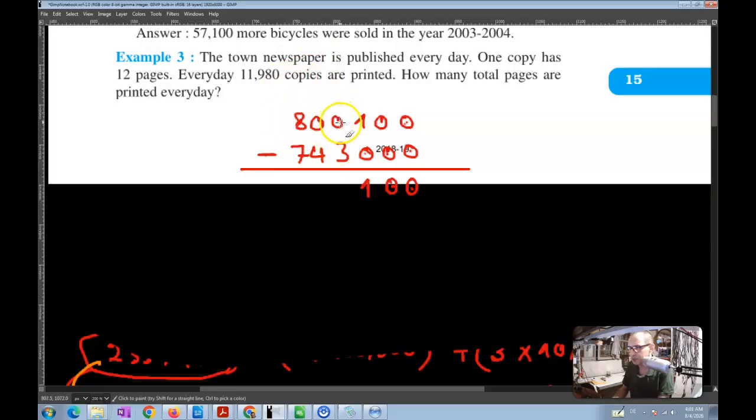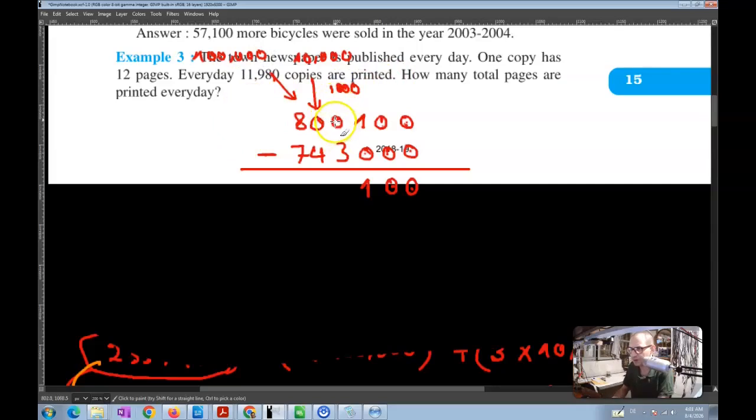The way that you do that is, see over here, I have the 1s, 10s, and 100s, and this is the thousands place value. This over here is the 10,000s place value, and this over here is the 100,000s place value, right?